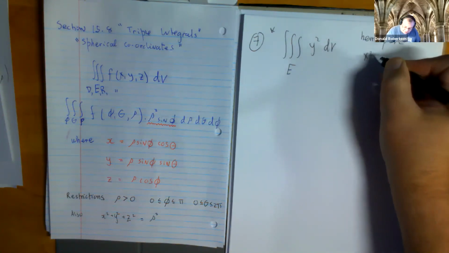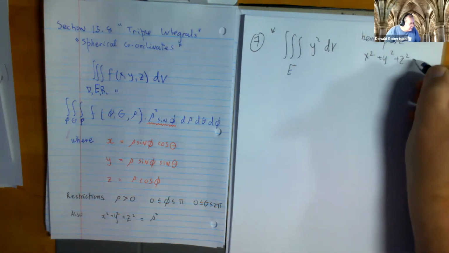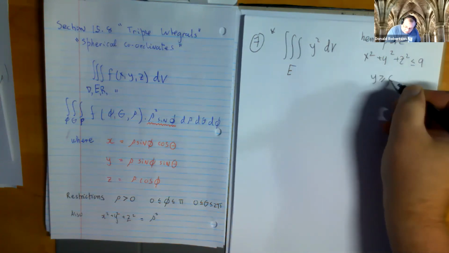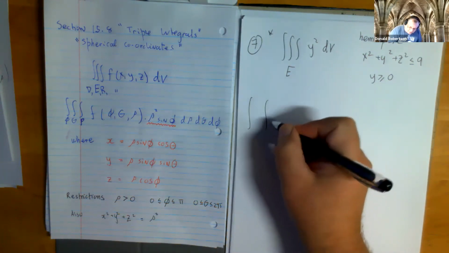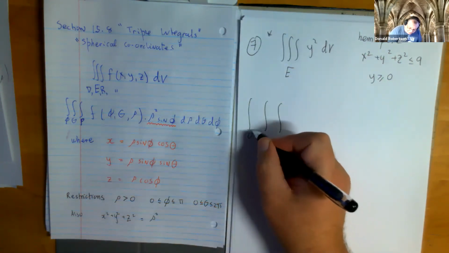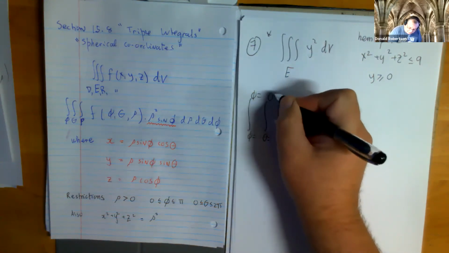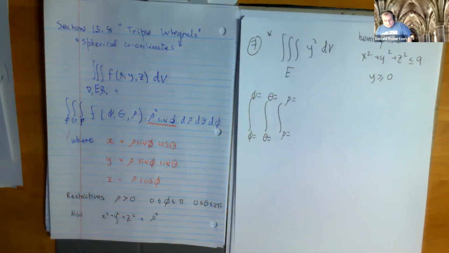And the equation of this hemisphere is x squared plus y squared plus z squared less than or equal to 9, and that y is greater than or equal to 0. Now, hemisphere just means half a sphere, right? Like you take a ball bearing and cut it in half.